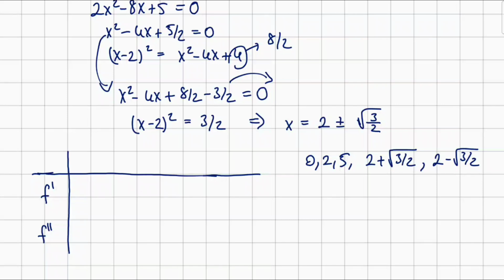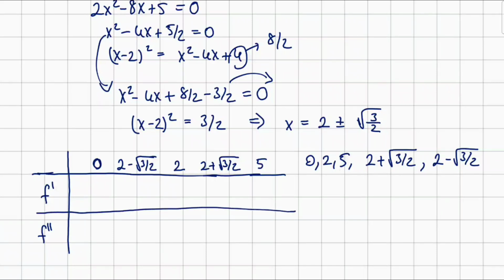First 0, then 2 minus root 3 over 2, then 2, then 2 plus root 3 over 2, and finally we have 5.